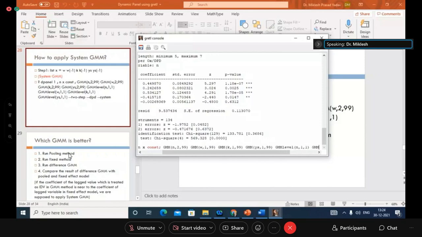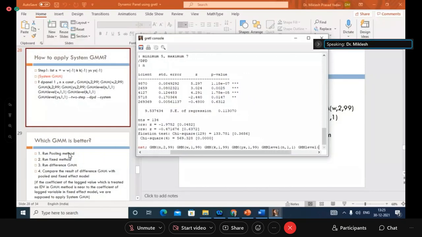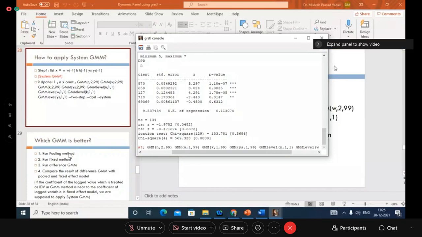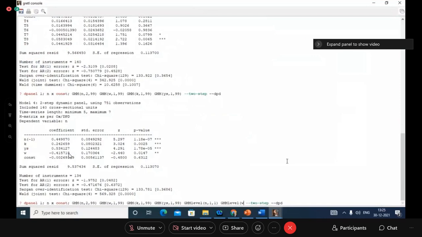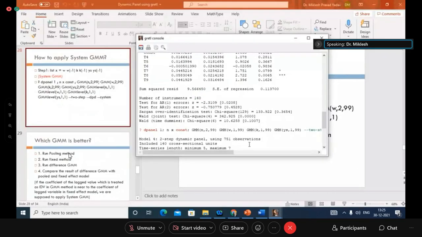Then gmmstyle level, w comma 1 comma 1, gmmstyle level, after w, k comma 1 comma 1, gmmstyle level, after k, ys comma 1 comma 1, and then we have to write system and xtdpd.